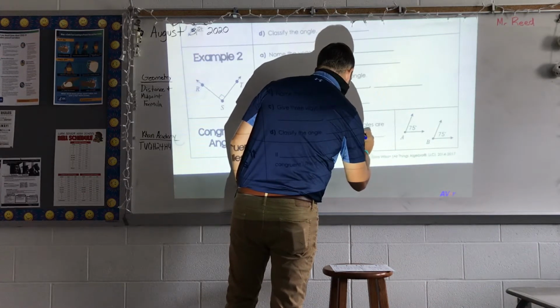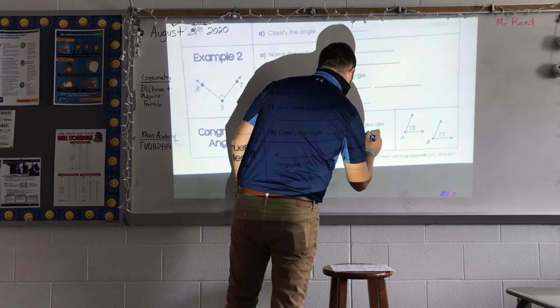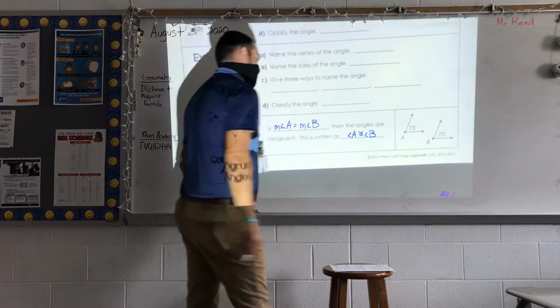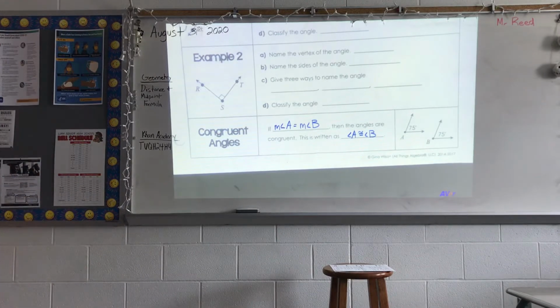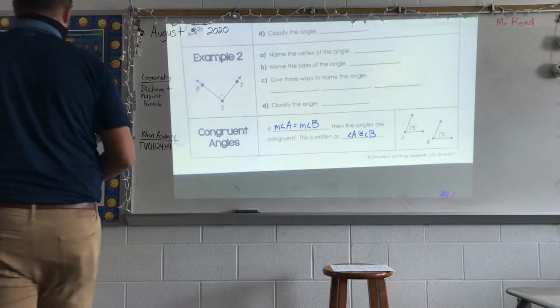A weird equal sign with the squiggly line over top. Looks like that. So when you see that squiggly, it's also read as measure of A is equal to or congruent to B.